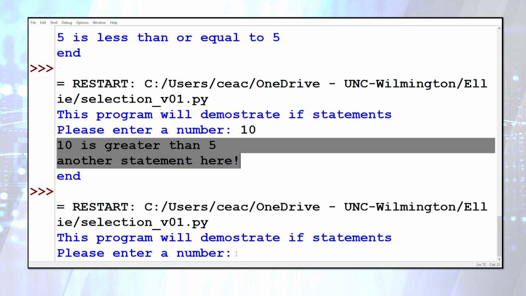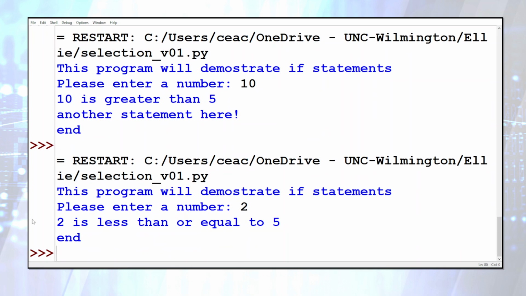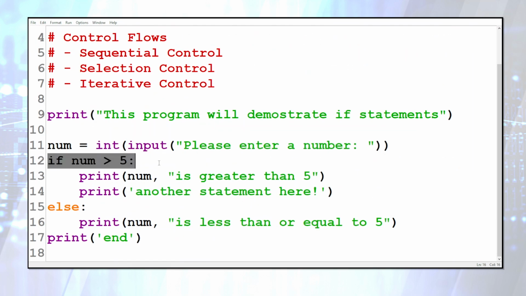If I run it and put another value, put 2 for instance, it's going to go through the else part of my code because the condition was false, so it jumps into the else. It skips the statements that you have inside your if.